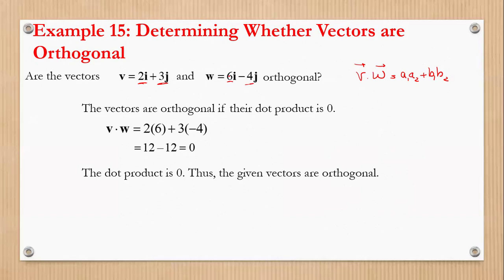And as you see, the dot product is 0. And if the dot product is 0, we can say that these two vectors are orthogonal. So anytime they ask you if two vectors are orthogonal, you don't need to find the angle in between and make it harder for yourself. You just need to find the dot product and show if it's 0 or not.